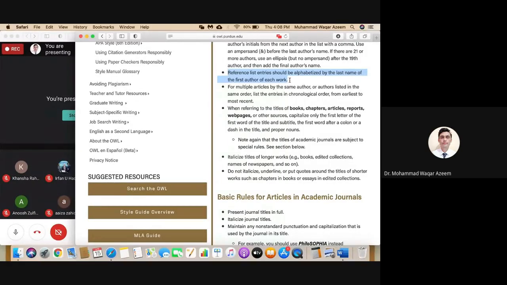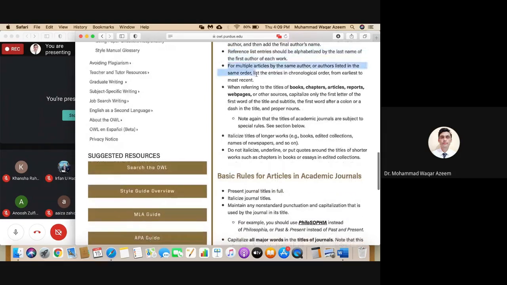Therefore, it is obvious that if you plan to arrange all the resources alphabetically, then that arrangement would be with reference to the name, because the name is the first thing in each citation. But of course, we should also remember that it is the last name of the author which comes first. Therefore, the alphabetical arrangement would be with respect to the first letter of the last name of each author.